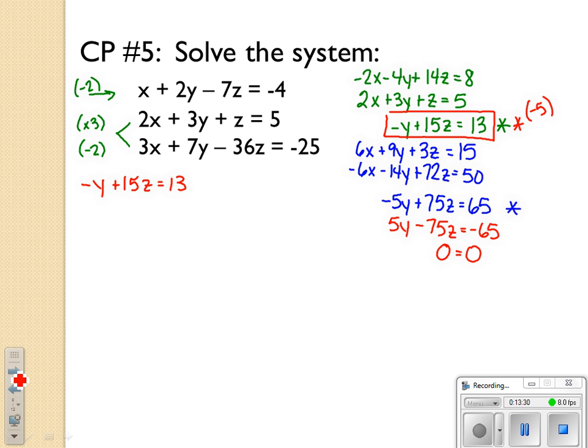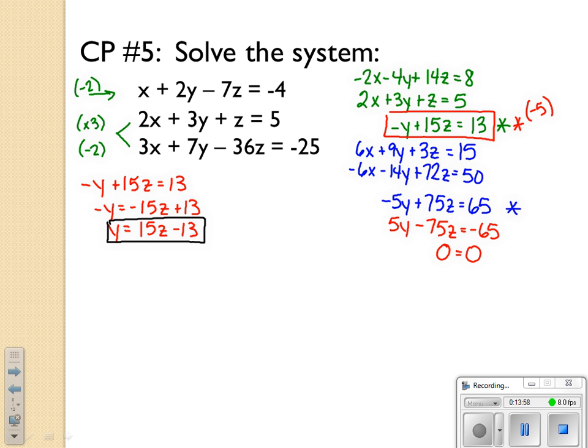I could move the 15z to the right-hand side, and then divide through by a negative 1. Okay, so I don't have a numerical value for y, but I do have an expression for y. So this right here we want to hang on to.